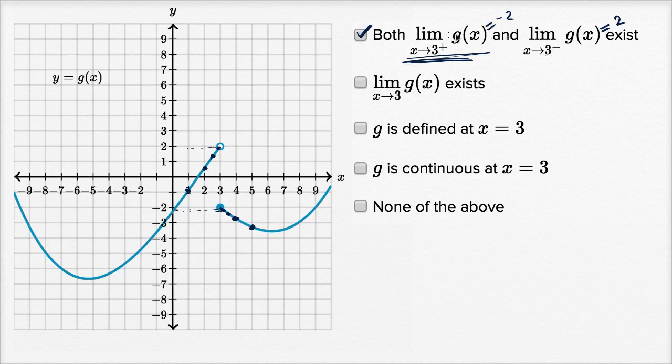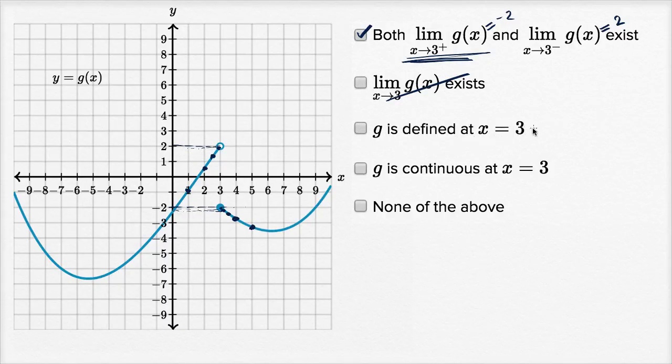Well, in this first statement, we saw that both of these exist, but they aren't approaching the same value. From the right, we are approaching -2, and from the left, we are approaching 2. So this limit does not exist. So I will not check that box.